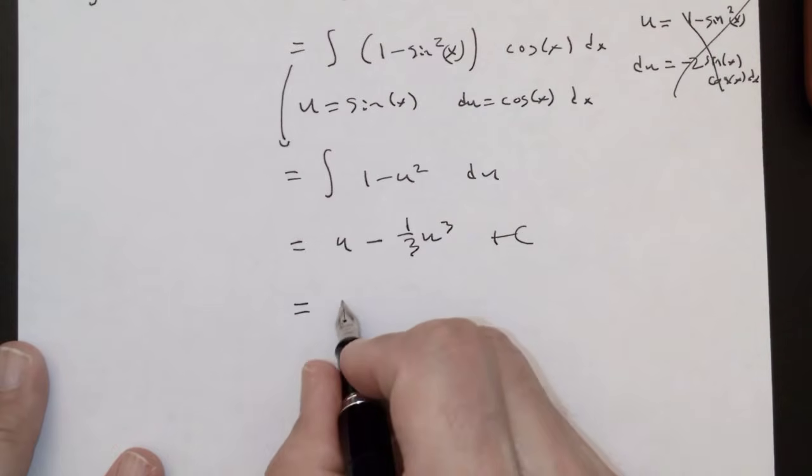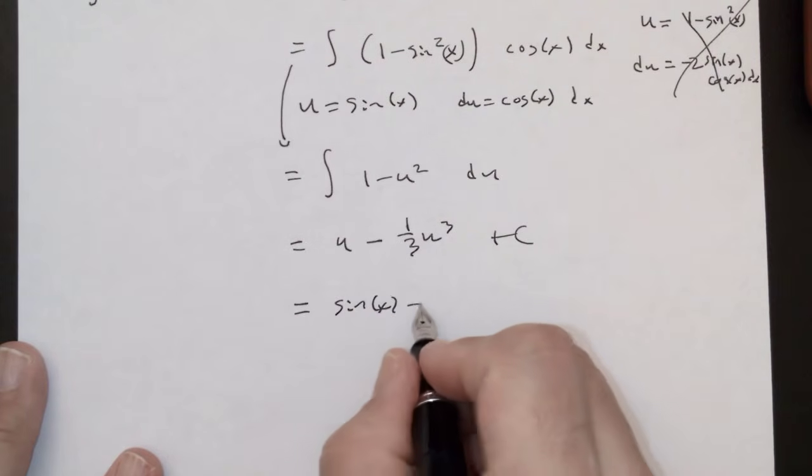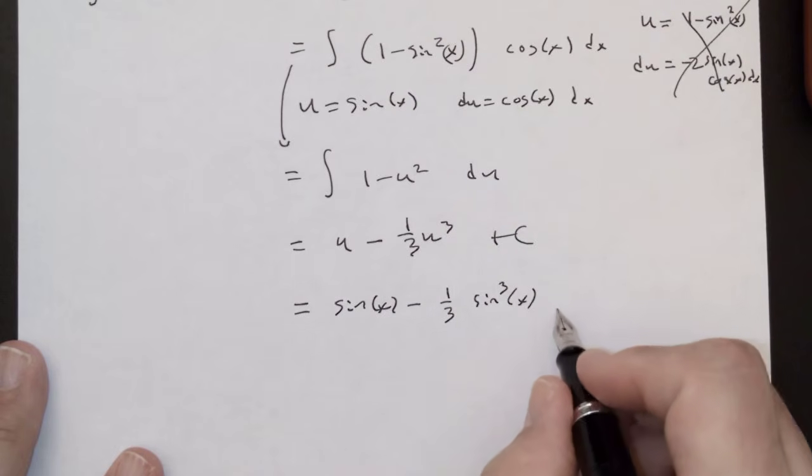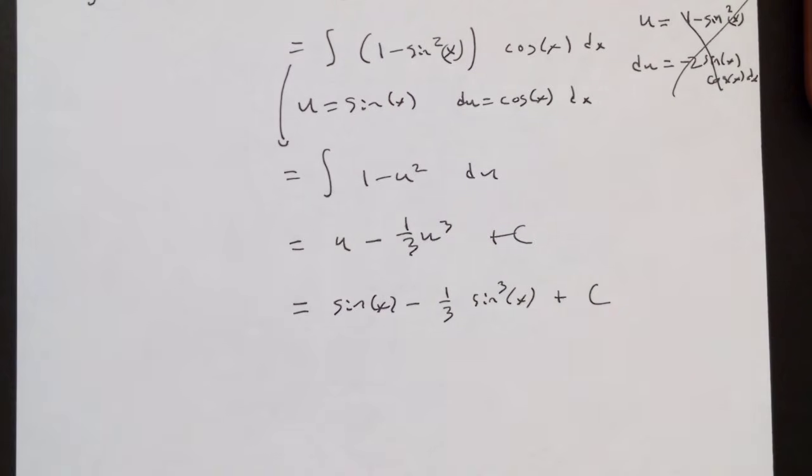So if I start in x and I end in x, I end up here. Just because we're in terms of u, I got to reset that same substitution back in.